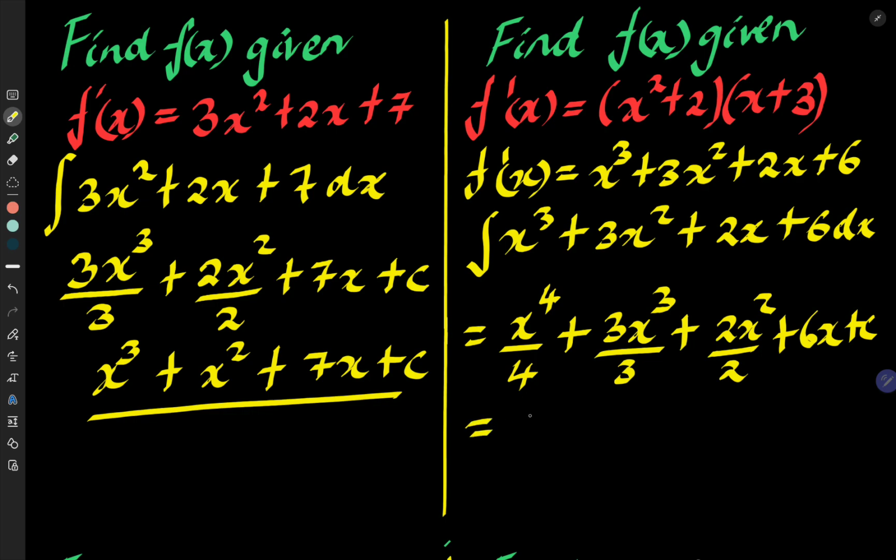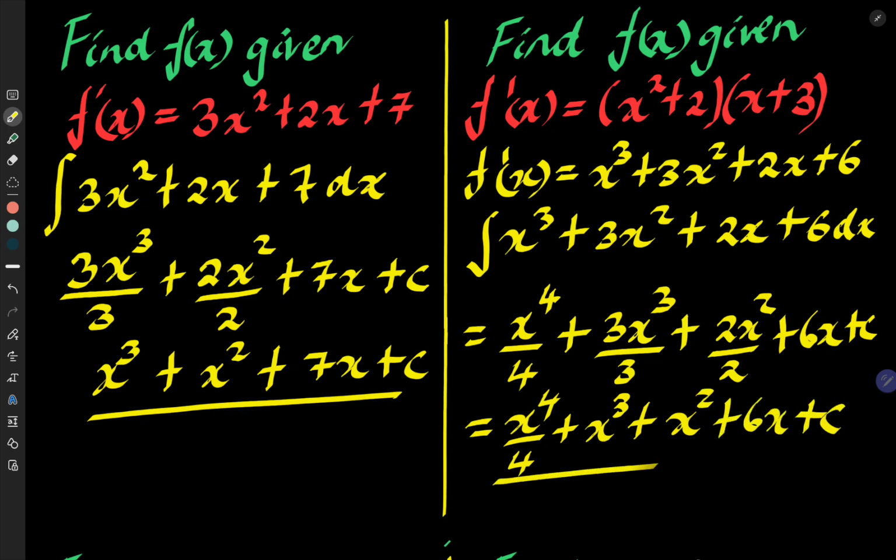This can be further simplified to x to the power 4 divided by 4 plus x cubed plus x squared plus 6x, then plus a constant c. And that is the f of x.